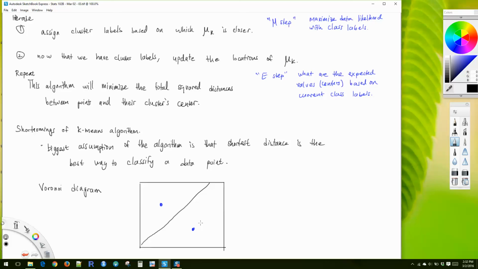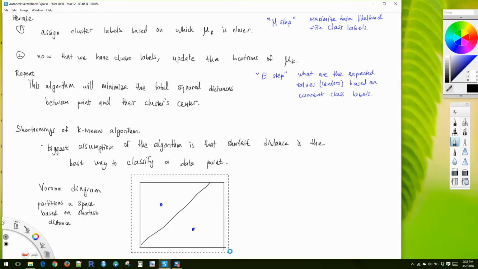It partitions your space based on shortest distance, okay?